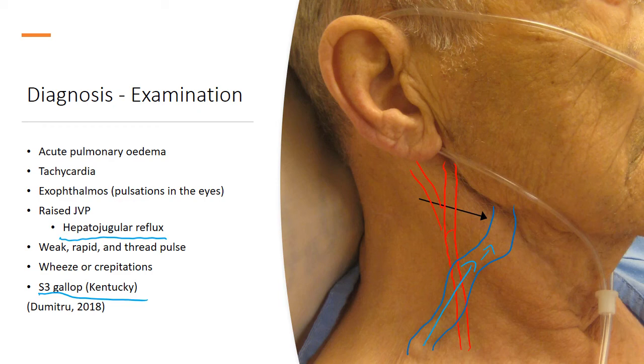So after systolic contraction of the cardiac muscle, we get a residual end diastolic volume that we can hear as this third heart sound. So instead of just a lub-dub sound on auscultation, we get this Kentucky gallop.